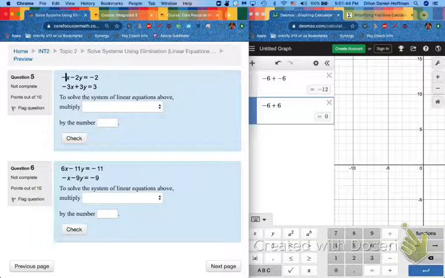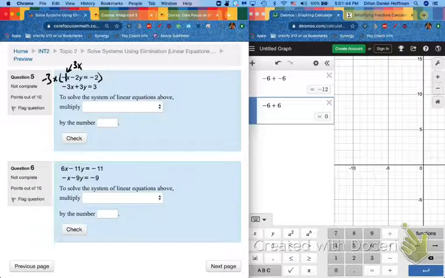And if I want this negative 3x on bottom to cancel with a positive 3x on top, I can make that work. I would just have to multiply this whole thing by, well, let's think about it. I want 3. I've got negative 1. So it's going to have to be a negative. And then what number times 1 gives me 3? Oh, 3. So if I multiply that whole row by negative 3, then the x's would cancel.